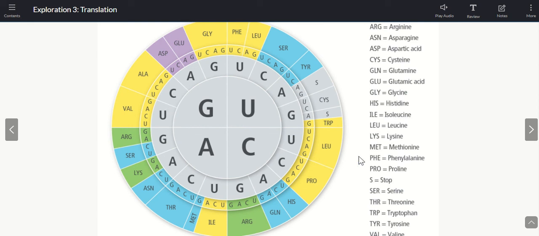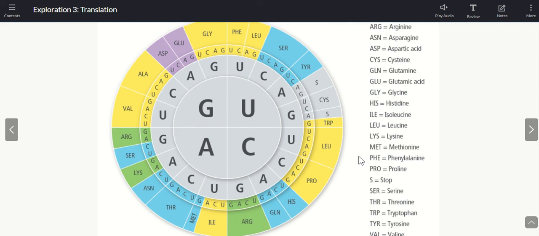Now you might wonder, how big of a deal is it for the wrong amino acid to be added? And it's kind of like, once again, going back to cooking. If you have a recipe that calls for sugar, and instead of adding sugar, you add baking powder.